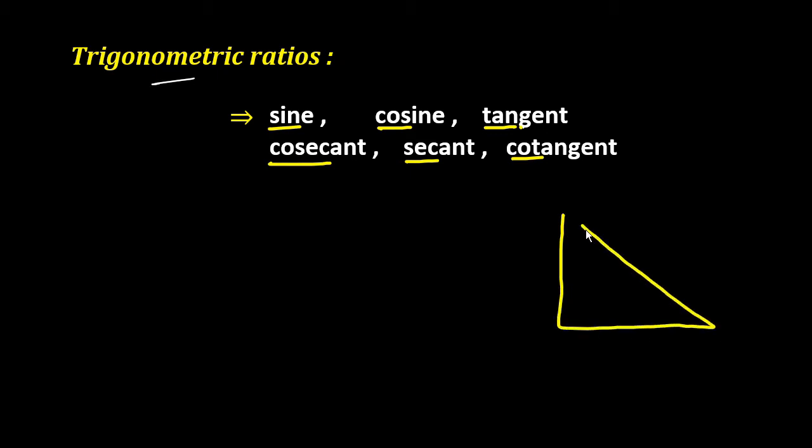Let us have a right triangle first. So this is a right angle triangle, and let us give it a name ABC. Right angle is at B. And I would like to consider acute angle located at C. Now the side which is opposite to the right angle is hypotenuse.